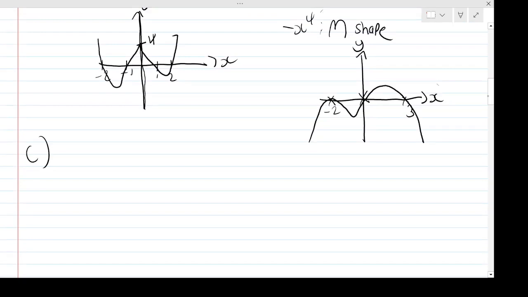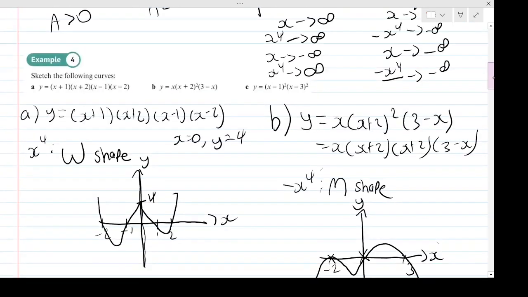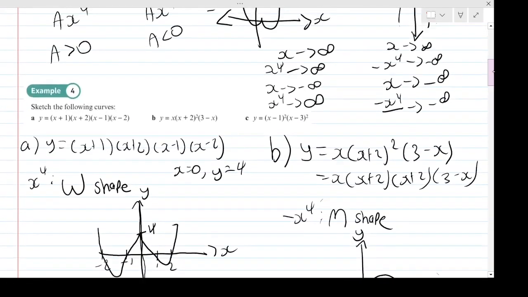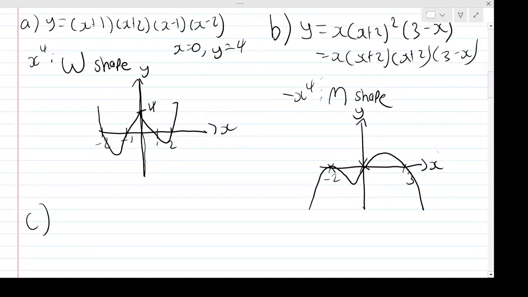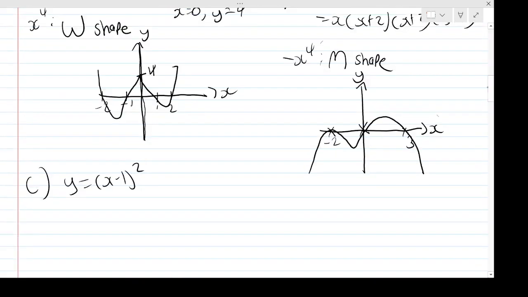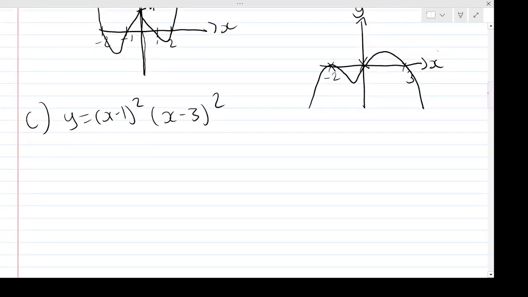Now part C, we have x minus 1 squared and x minus 3 squared. Okay, cool. Firstly we need to determine if it's a positive or negative shape.